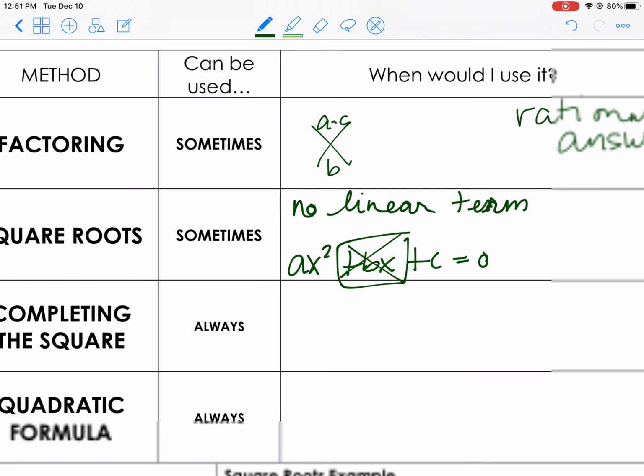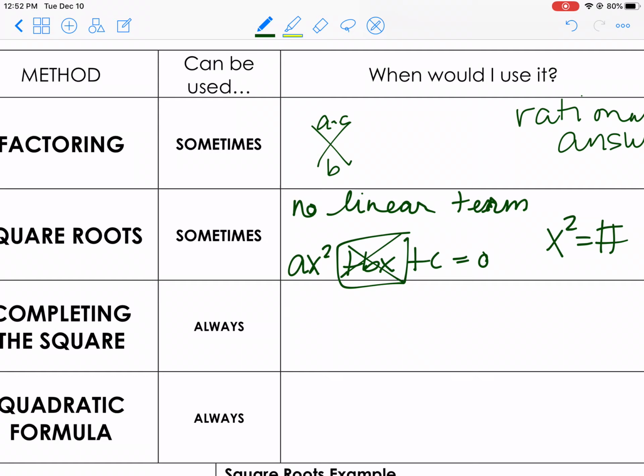If that's the case, then square root method is nice and easy. We get it into the form of x squared equals number, take the square root of both sides, and then we're good to go. So both factoring and square root method are fast, but they're limited. We can't solve all kinds of problems with them.